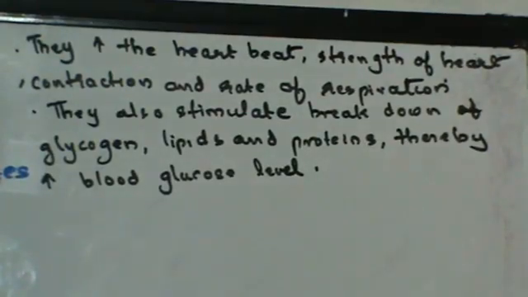So we've seen several hormones so far. Initially aldosterone, then androgenic steroids, then cortisol, and then adrenaline and noradrenaline. Now, what would happen if you have hypersecretion of these hormones?